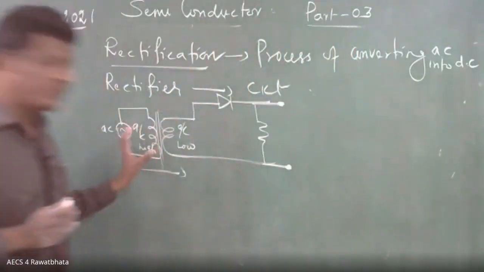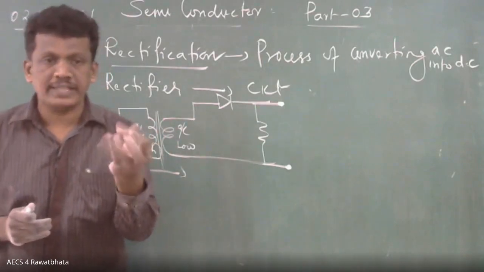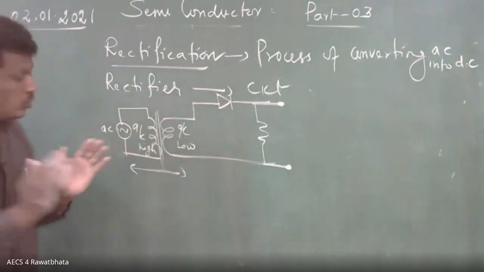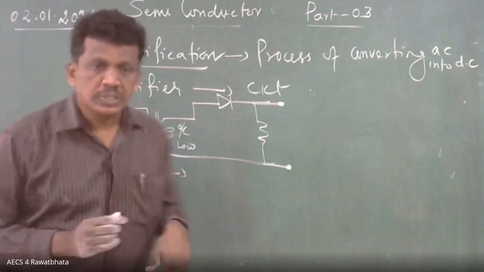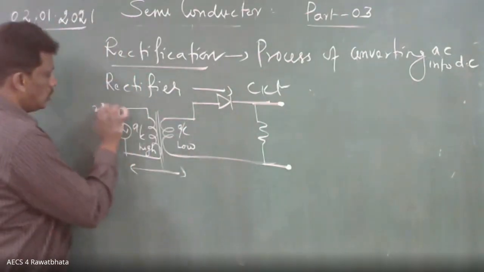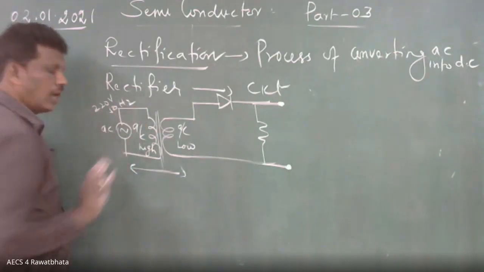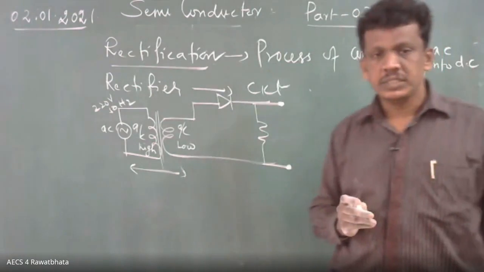Whatever electronic appliances we are using need low voltage. So first, what is the voltage we are getting at home as input? 220 volt, 50 hertz. All are knowing that. 220 volt is what?